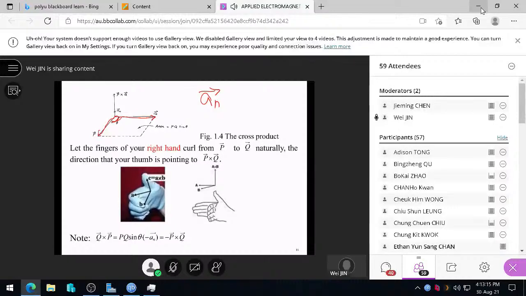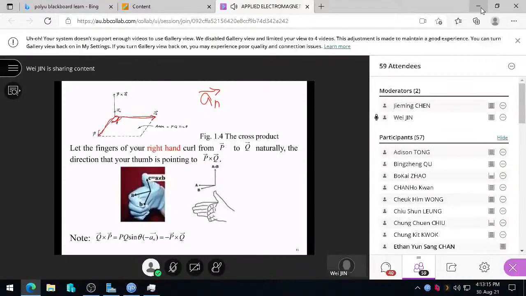After this, how do you calculate this 2 by 2 determinant? Very simple. This one multiplied by this one, minus this one multiplied by this one, for example Py Qz minus Pz Qy. Similarly for the others.